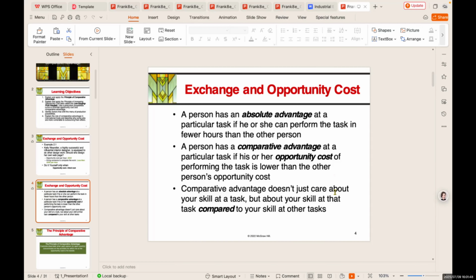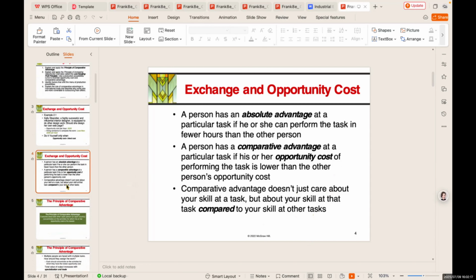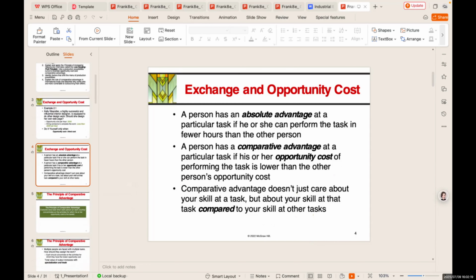The last statement is very important in this slide. Comparative advantage doesn't just care about your skill at one task, but about your skill at that task compared to your skill at other tasks. And I will give you further interpretation in the following part of this chapter.